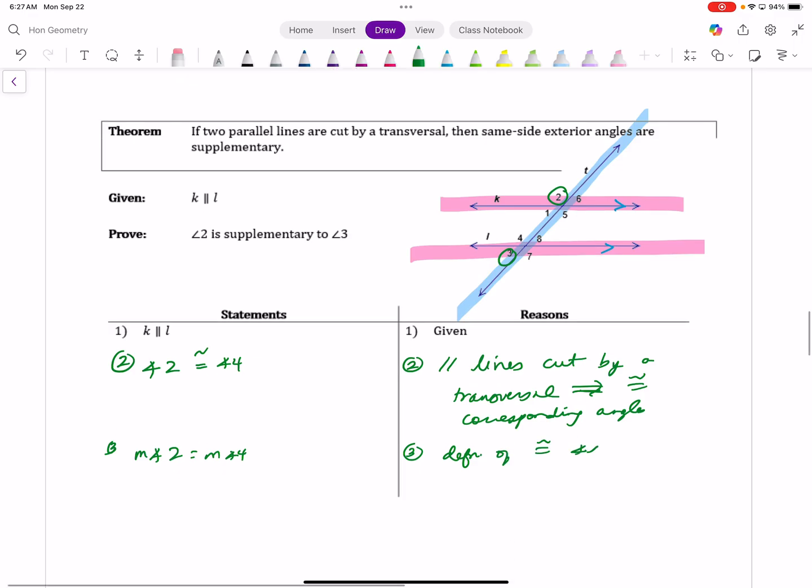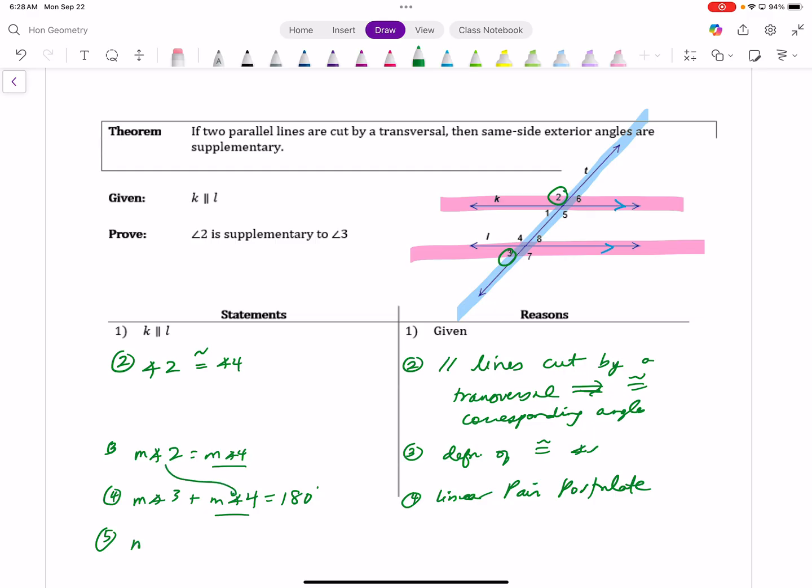All right, so we got to get angle 3 in the mix. So we can come down here and look at where 4 and 3 are. So we know that the measure of angle 3 plus the measure of angle 4, we know that's 180 degrees from the linear pair postulate. And then we can plug in where the measure of angle 4 is. We can put in the measure of angle 2, with a substitution.